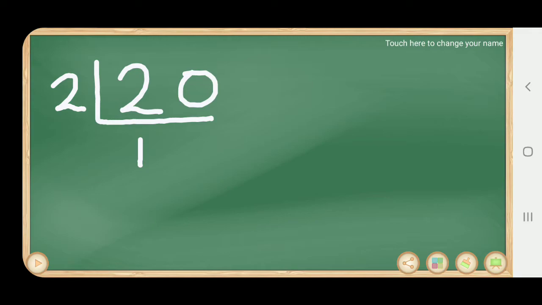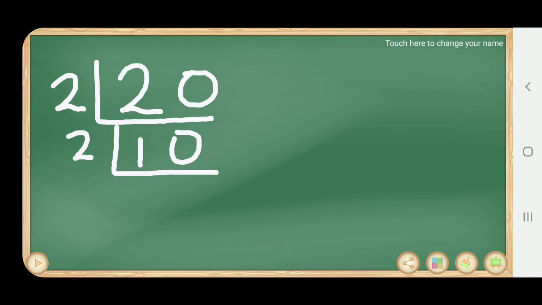In 2, how many 2's are there? 1. Then that 0 you write down. In 10 again I can take 2. Why have I taken 2? Because 2 is a prime number. In prime factorization I can use only prime numbers.